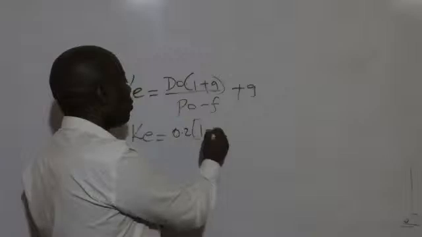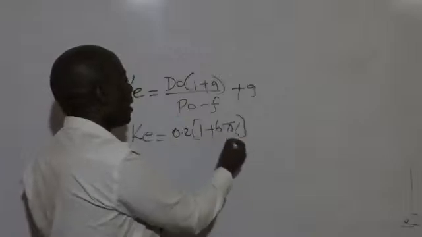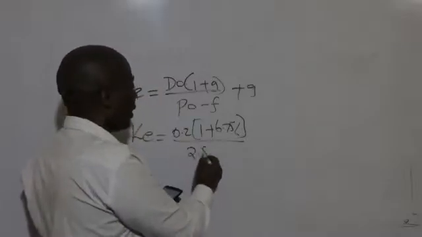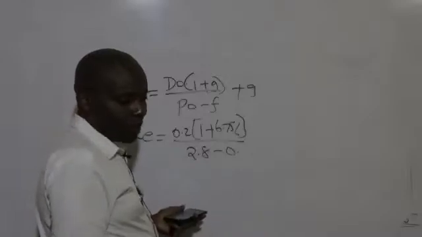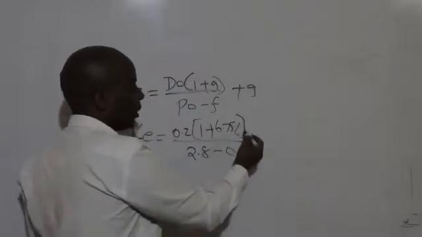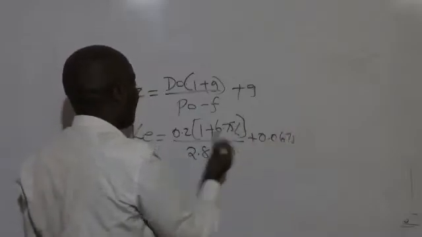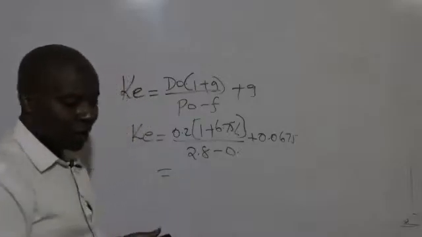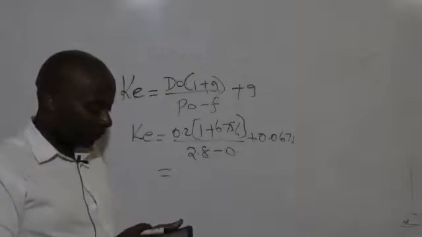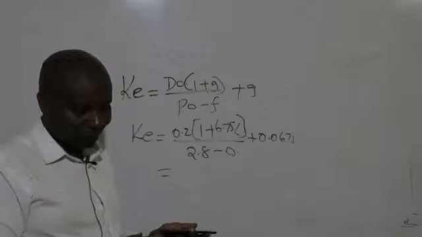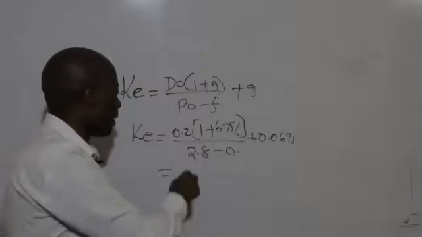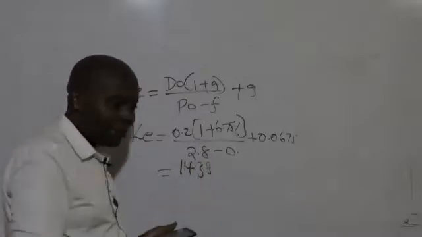So 0.2 into 1 plus 6.75% all over P0, which is 2.8. There's nothing like flotation in this question. Plus our growth rate, which is 0.0675. So would you kindly give us an answer at the end of the day? What do we have here? 14.38. Is there anybody who got this answer much earlier?